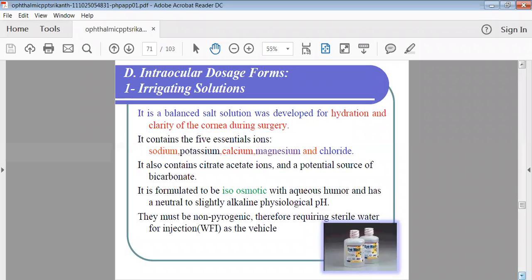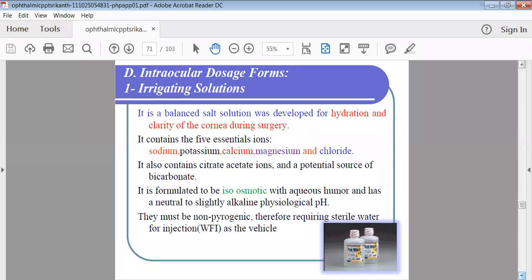When we are doing surgery of the eye, there might be chances that bleeding or other particles may stick to the apparatus, or cause contamination in the eyes, or a foreign particle may enter the eye during surgery. So for cleaning and hydration of the cornea, we require this kind of irrigating or washing solution.